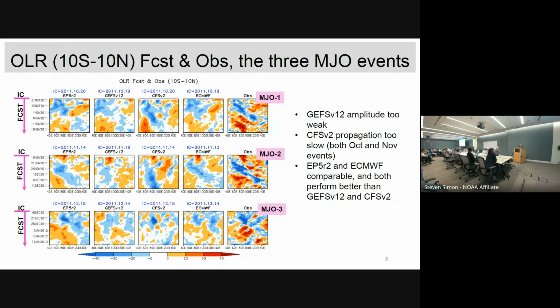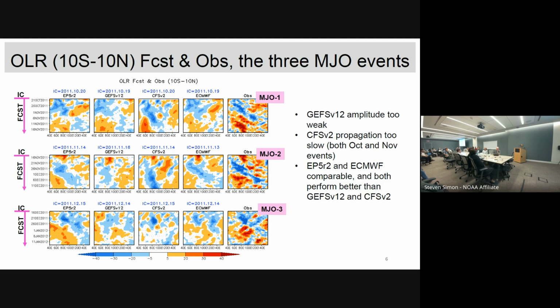Although the EP5R2 propagation is a little bit slow compared to the ECMWF and the observation. And for the December events, the initial conditions are on or near December 15th. Again, both EP5R2 and the ECMWF forecasts are better than the other two models.